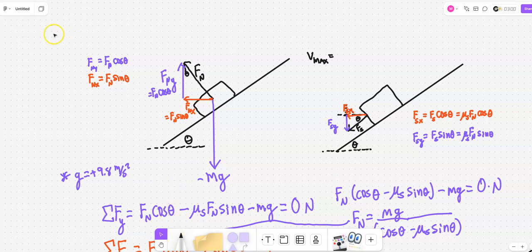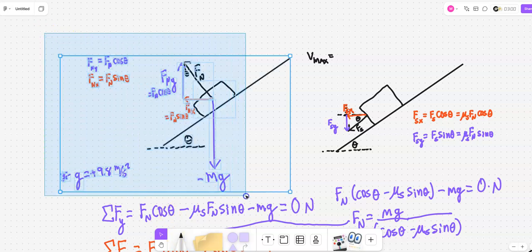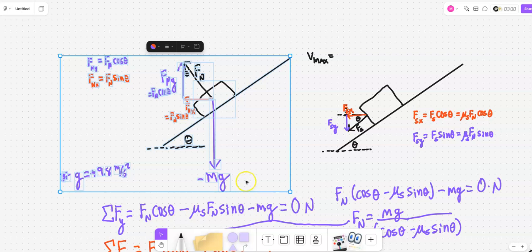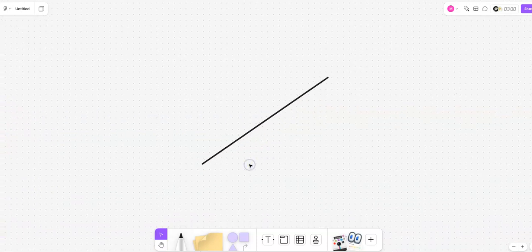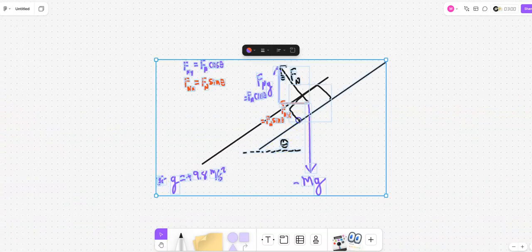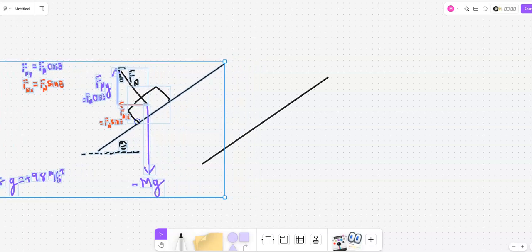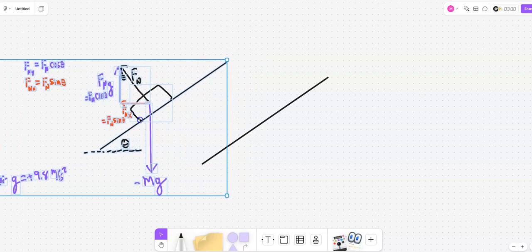I'm going to copy all of that and bring it over here, and we're going to look at this unique scenario.